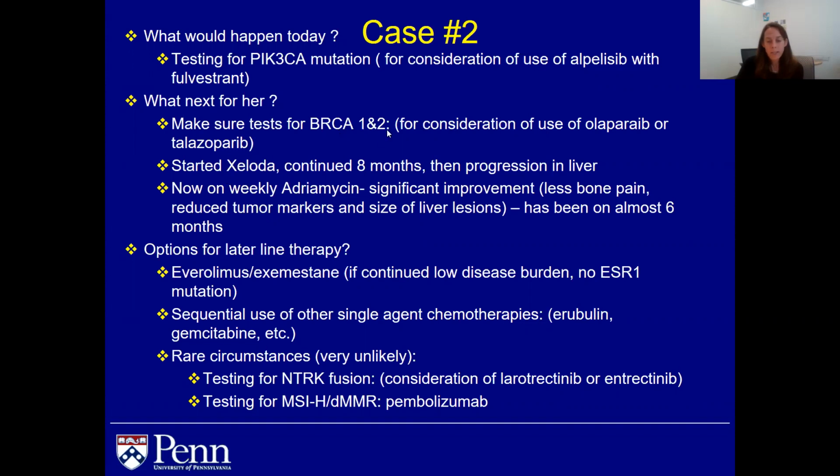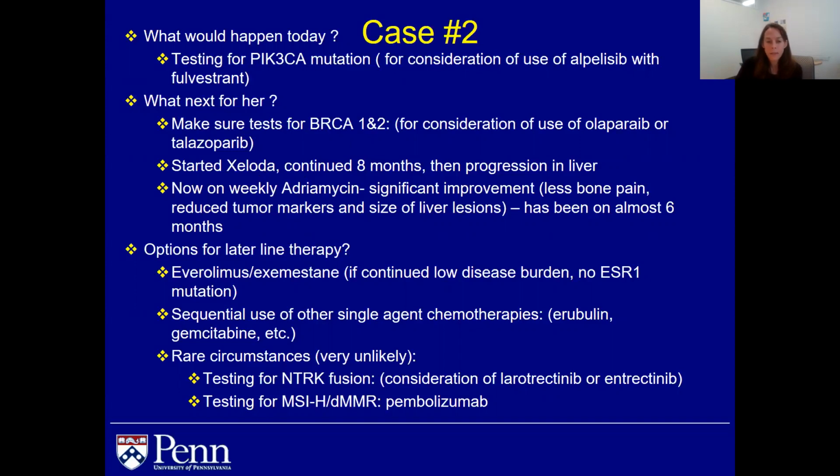So in our patient, she tested negative for a BRCA mutation, and she started Xeloda, which is a chemotherapy drug. And she stayed on Xeloda for 8 months before she had further progression in her liver. And I think there's a lot of concern that patients with lobular cancer may not get as much benefit from chemotherapy, based on several small studies showing lower rates of response to chemotherapy in the preoperative setting for lobular cancer compared to ductal cancer, but it is important to remember that we very much rely on chemotherapy for treatment of patients with lobular cancer when their hormonal therapies stop working.